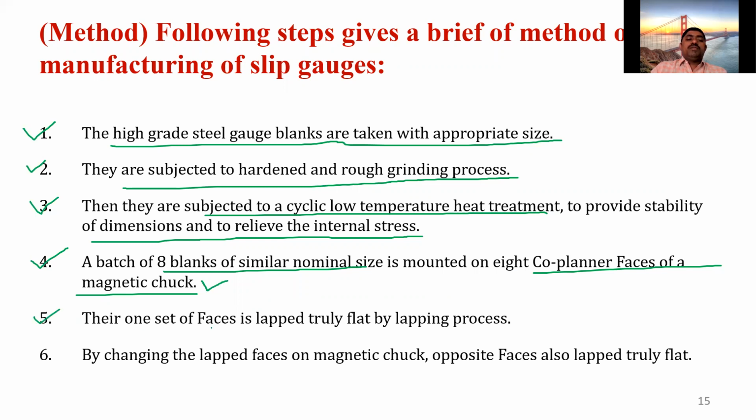And then the first set of faces is lapped truly flat by the lapping operation, and then you change the position of the slip gauges, and again do the lapping operation on the other opposite faces of the slip gauges by keeping them on the magnetic chuck.